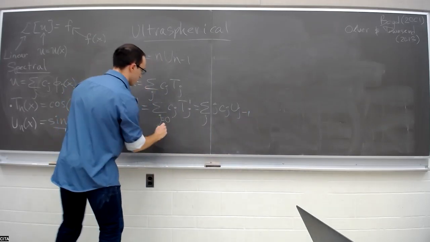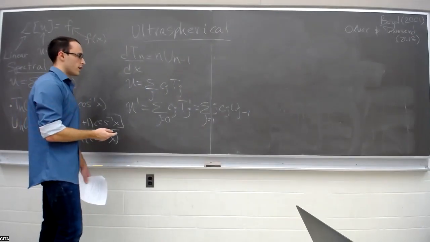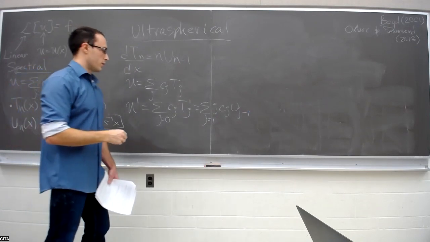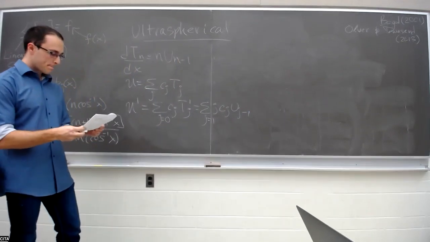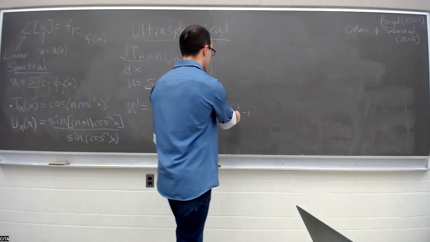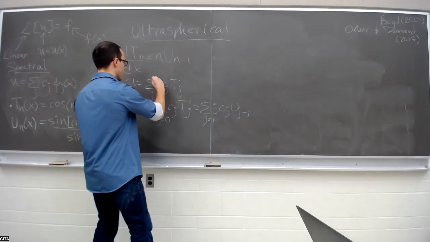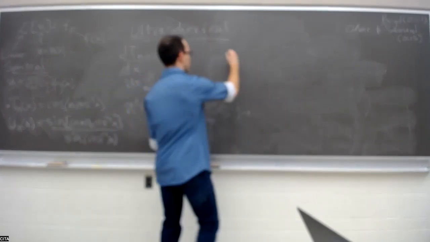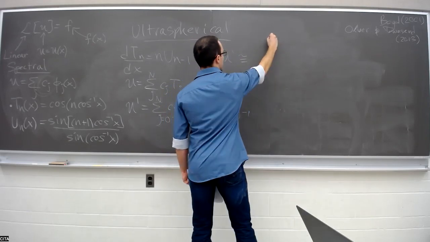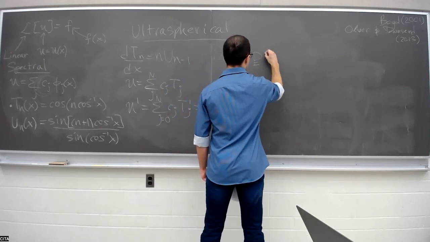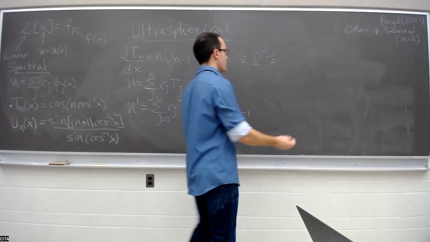So this summation would start at 0. This one would start at 1 because the first polynomial is constant, so the derivative is 0. And so you can actually write this as a matrix operation. If we have some truncation at degree n for our solution, then this is approximately equal to some matrix D0 acting on our vector of coefficients.